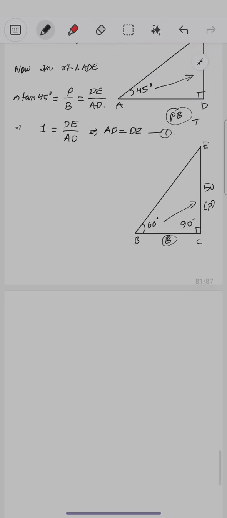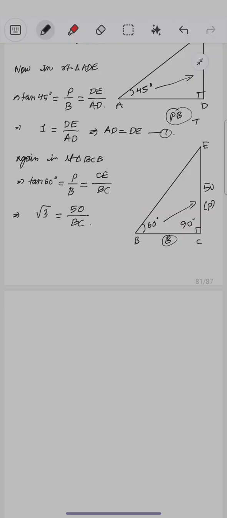So similarly, now again in right triangle BCE, tan of 60 is what? Perpendicular by base, which is CE by BC. Tan 60 is root 3, so root 3 equals CE by BC, where CE is 50.